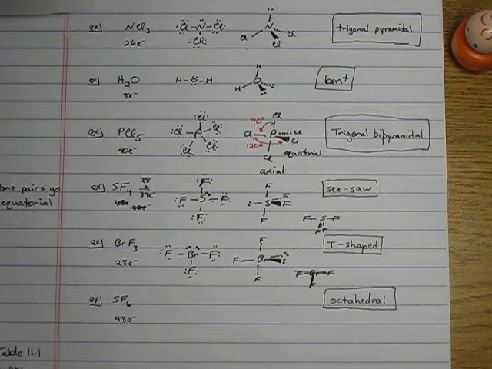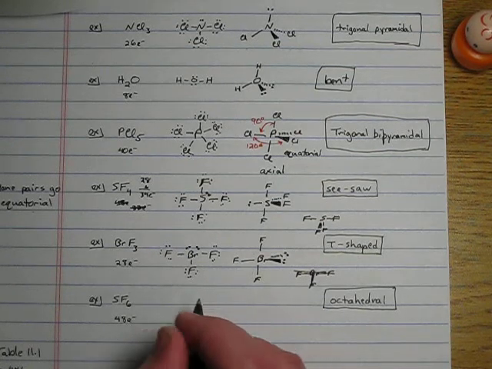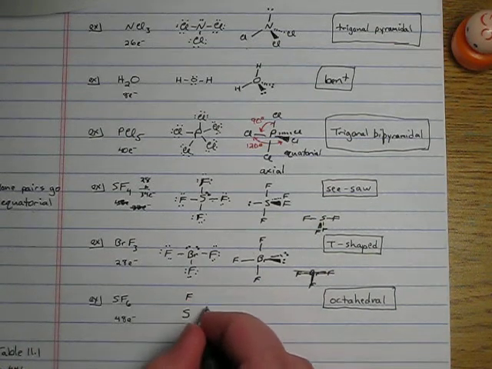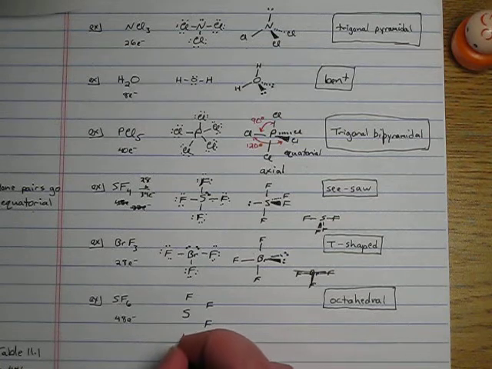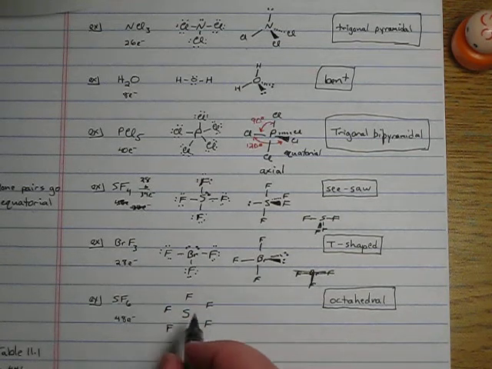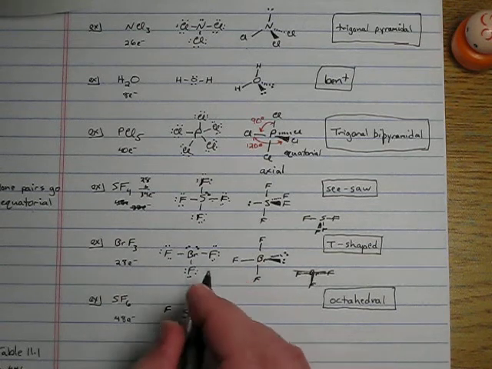All right, so our last example here, SF6. Whew, 48 electrons. F, F, F, 4 Fs, 5 Fs, 6 Fs. Let's put in those 48 electrons, see if there's anything on that sulfur.